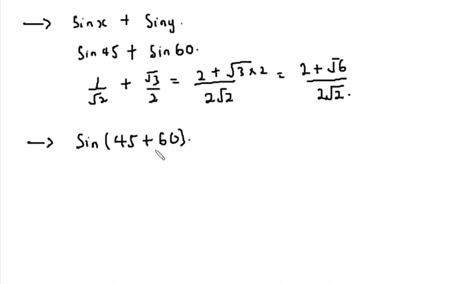You might get a question that looks like sine 105. It is now your job to break it down into simpler special angles. So sine 105 can be broken down into 45 plus 60.